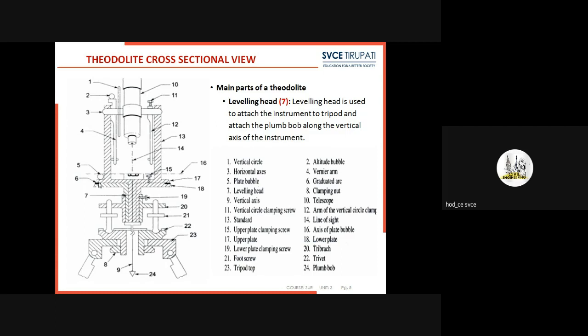Okay. Next, number 12, that is also one of the frame, I mean an arm of the shaft, right? Next, 13 is a standard, that is a wall of the A-frame, right?